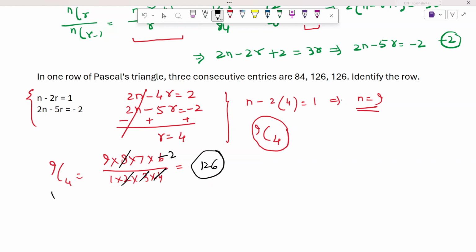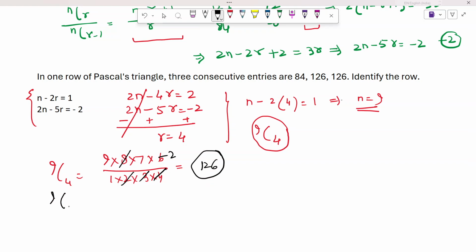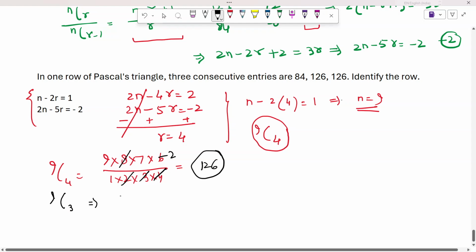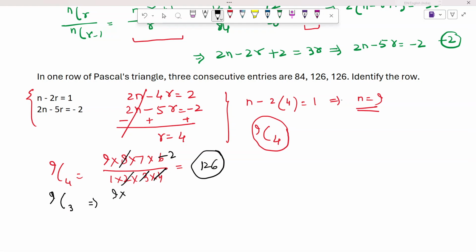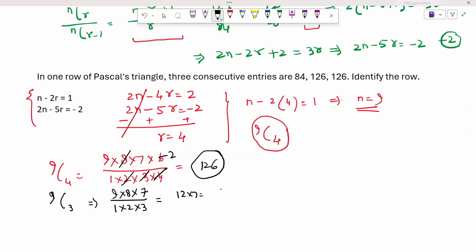The previous consecutive number is of course 9C r minus 1, means 9C3. So this is 9 into 8 into 7 upon 1 into 2 into 3. So it is 12 into 7, it is 84. So this point is also correct. These are the two consecutive entries, 84, 126. We shall see the third.